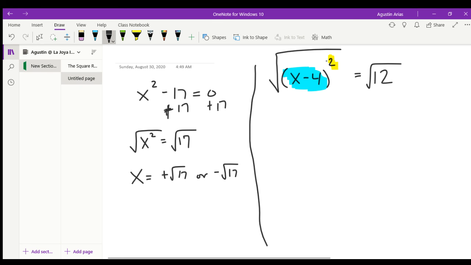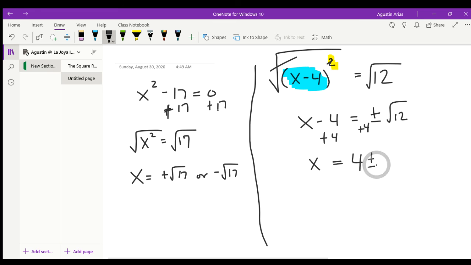Here the square root will cancel out the 2. So you're going to have x minus 4 is equal to, and here it's still plus or minus the square root of 12. I'm going to add 4. So x is equal to, when I add 4 here, I can put it in the front. You can put it in the back, but it's probably better to put it in the front. So it looks like this: 4 plus or minus the square root of 12.